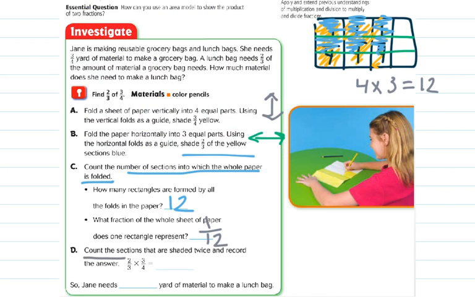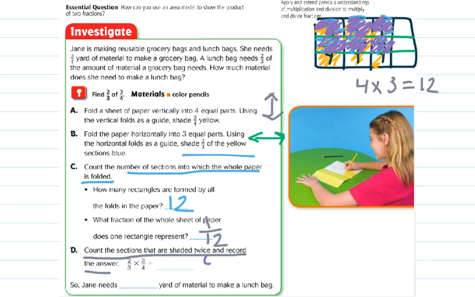Now it says, count the sections that are shaded twice and record the answer. So what I'm going to do is I'm going to go over here in purple and I'm going to color the sections that are shaded twice. So that would be 1/12, 2/12, 3/12, 4/12, 5/12, 6/12.